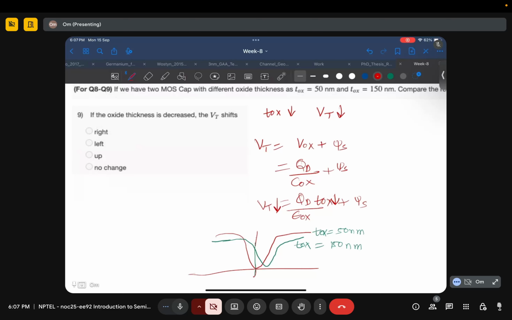So if Tox is decreasing, your curve is shifting to the left side, since VT is reducing. So the answer is VT shifts left.